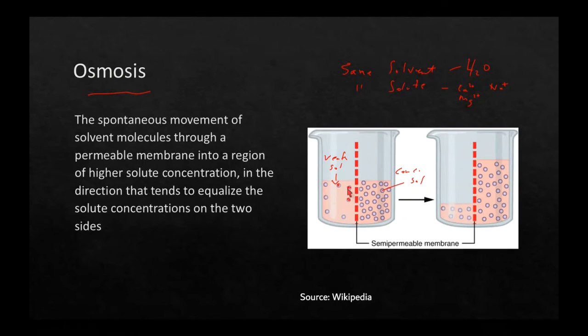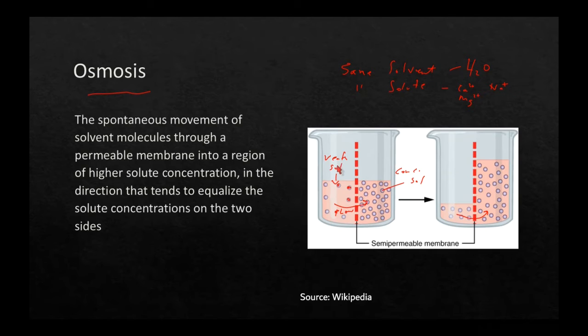It's freaky and it's weird, but the solvent will flow through that membrane. Why? It's called osmotic pressure. I don't know why. It's amazing. The solvent will flow from one side to the other until the concentrations are the same.